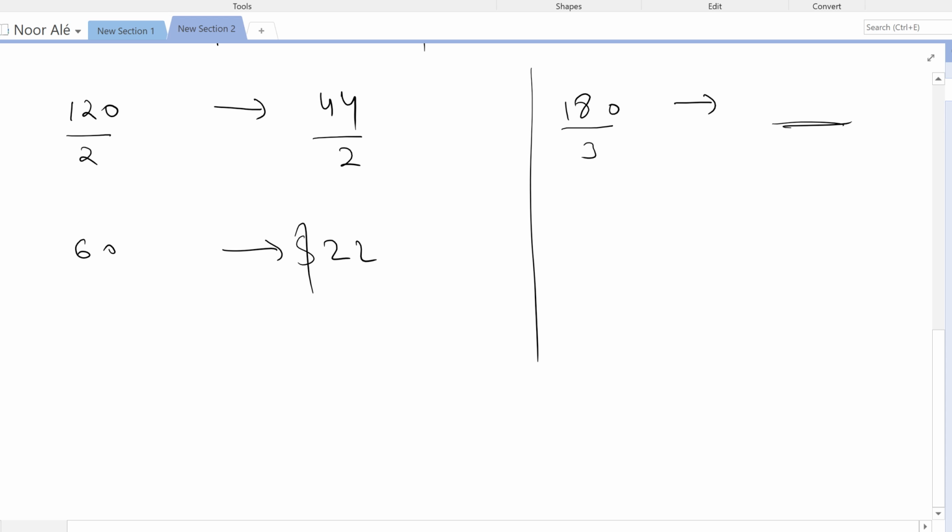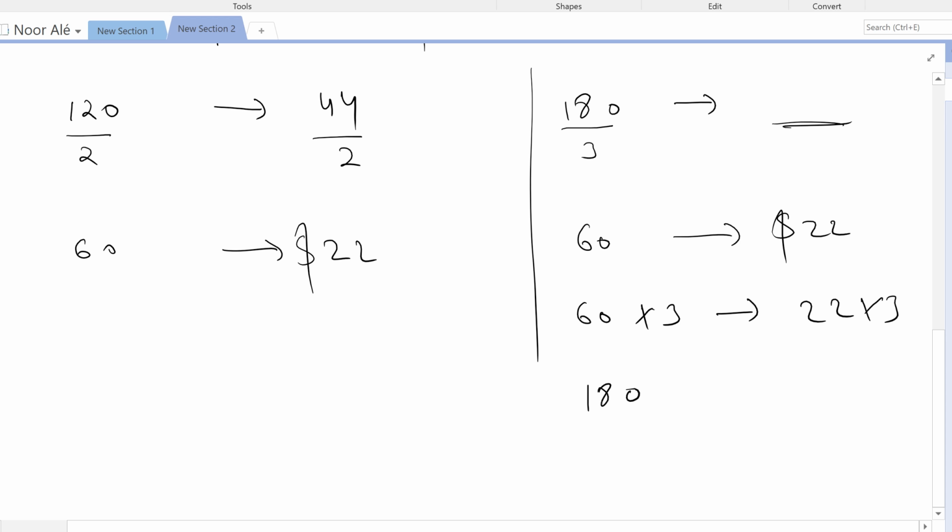Now, if you divide it by 3, you get 60, right? So instead of finding 180, we find for 60. Now you know that 60 costs $22, and I'm interested in 180. So we multiply 60 by 3, and 3 on the right hand side.